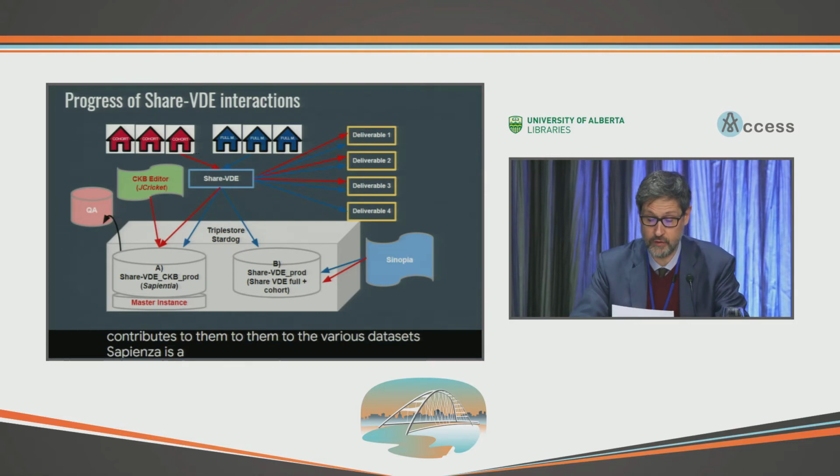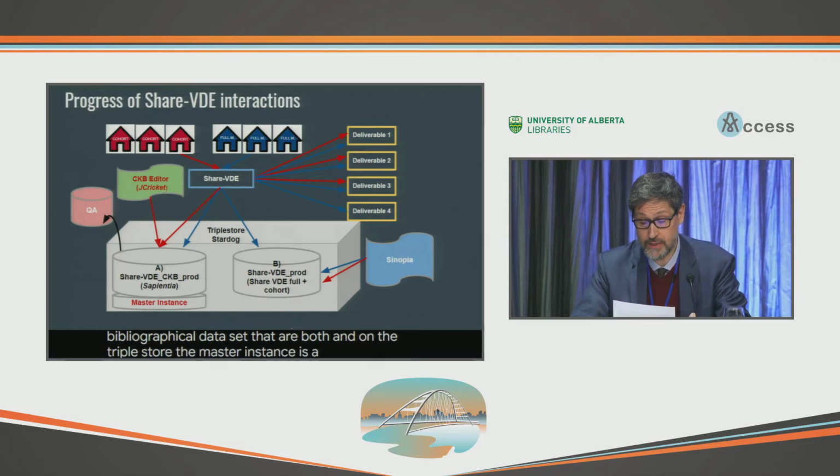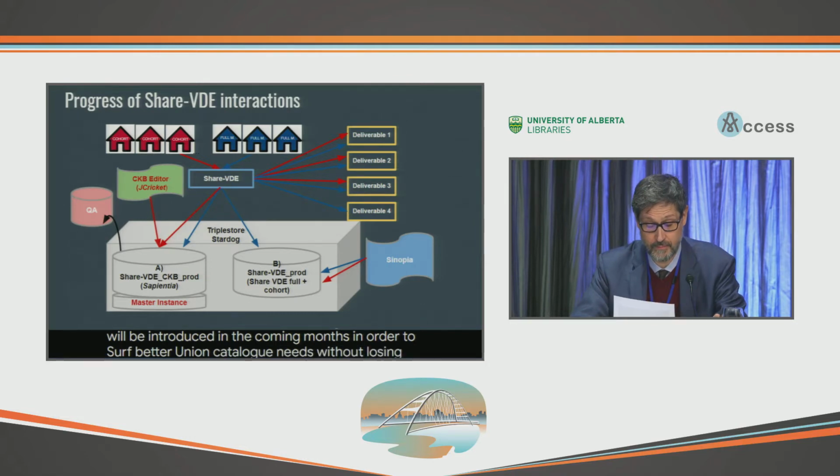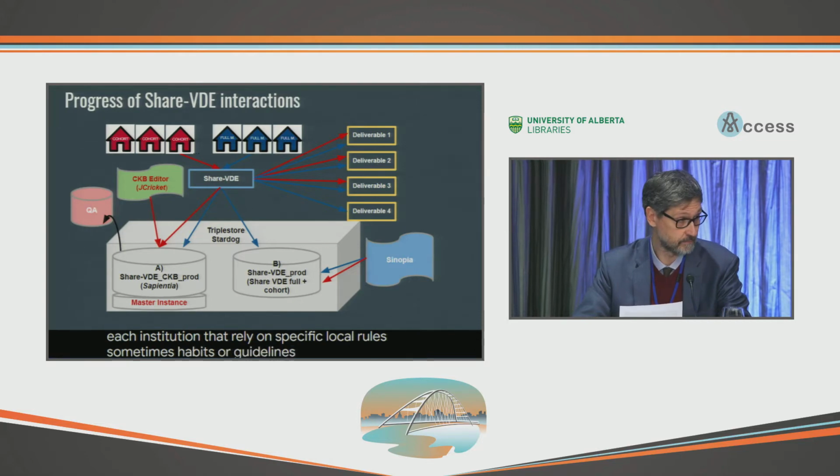Sapienza hosts the cluster knowledge base and the bibliographical dataset that are both on the triple store. The master instance is a logical level that will be introduced in the coming months in order to serve better union catalog needs without losing the possibility to retrieve the distinct descriptions of each institution that rely on specific local rules, sometimes habits or guidelines.